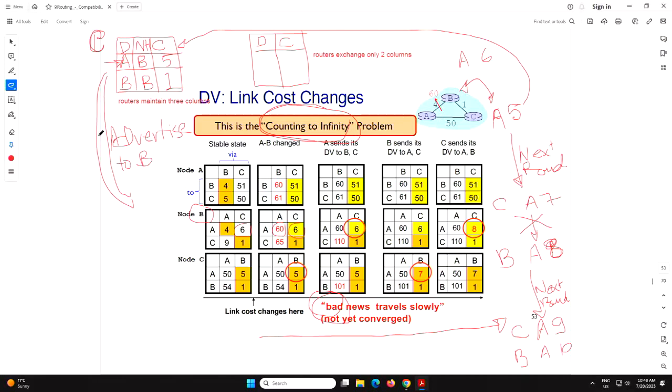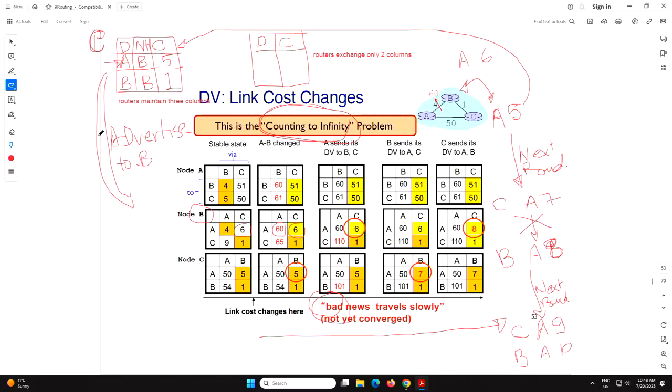Should C advertise this row to B? No, because you can see in the next hop column it says B. Because of that, this row will not be advertised to B. So your question was how the protocol knows. It looks at this column, middle column.